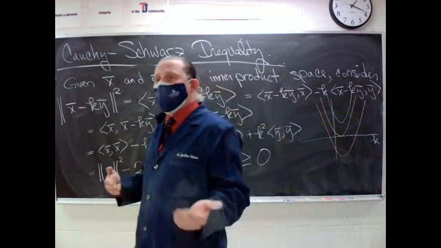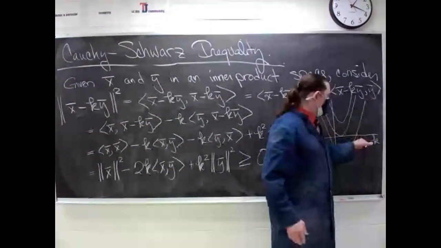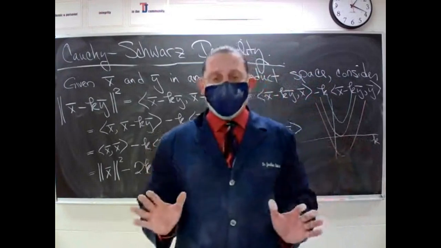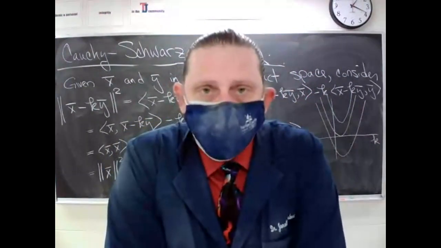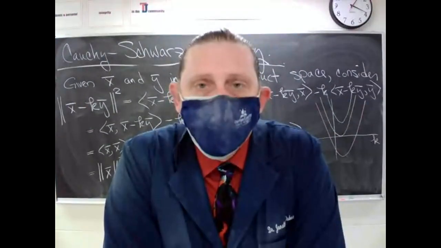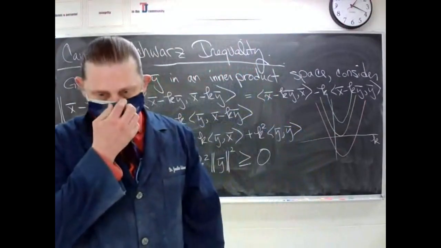And these situations would be characterized by red, distinct real roots, orange, single degenerate real root, green, complex conjugate non-real roots. All right?